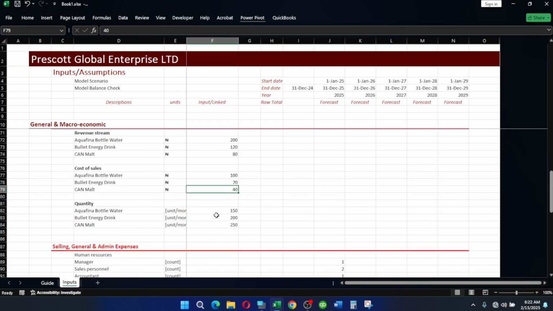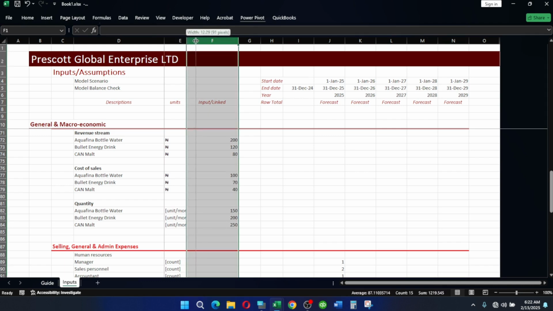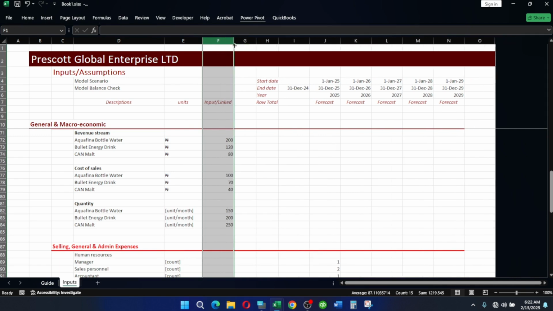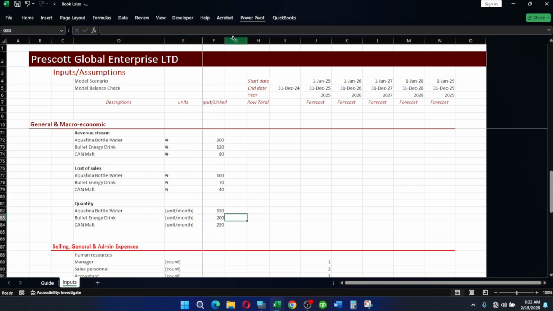So how many quantities do we want to be selling in a month? That's another question, a very good question we should ask ourselves.